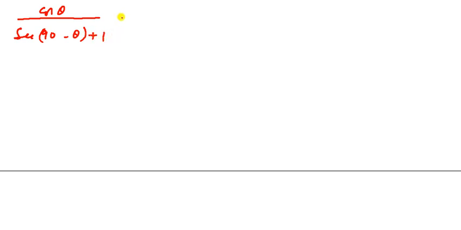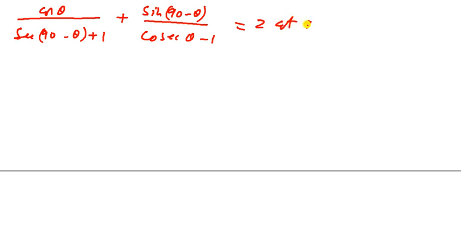It is cos theta upon sec 90 minus theta plus 1, and here is plus, it is sin 90 minus theta upon cosec theta minus 1 is equal to 2 cot 90 degree minus theta.